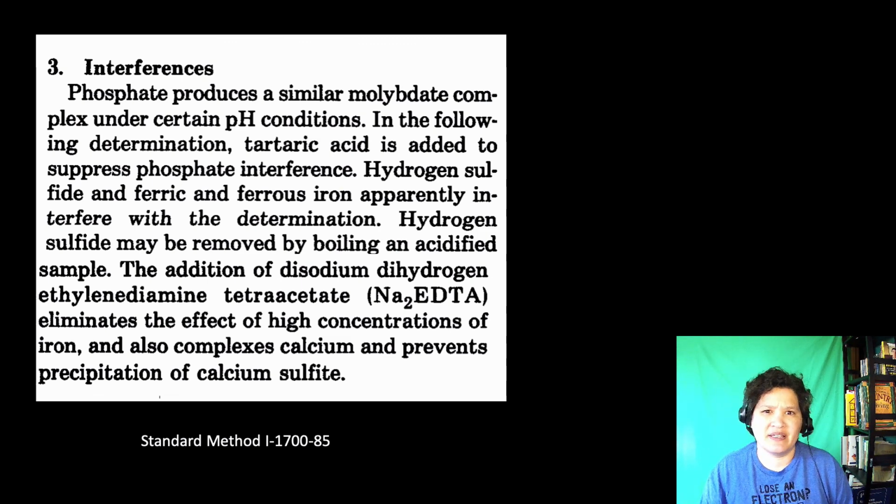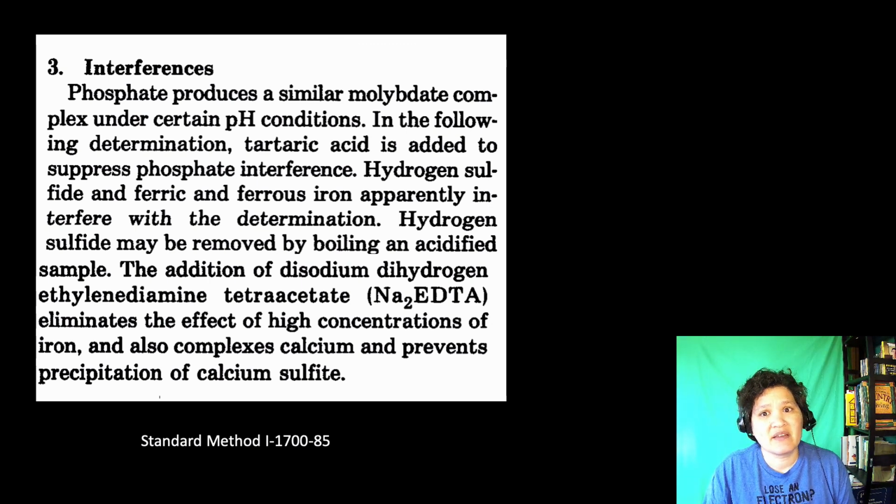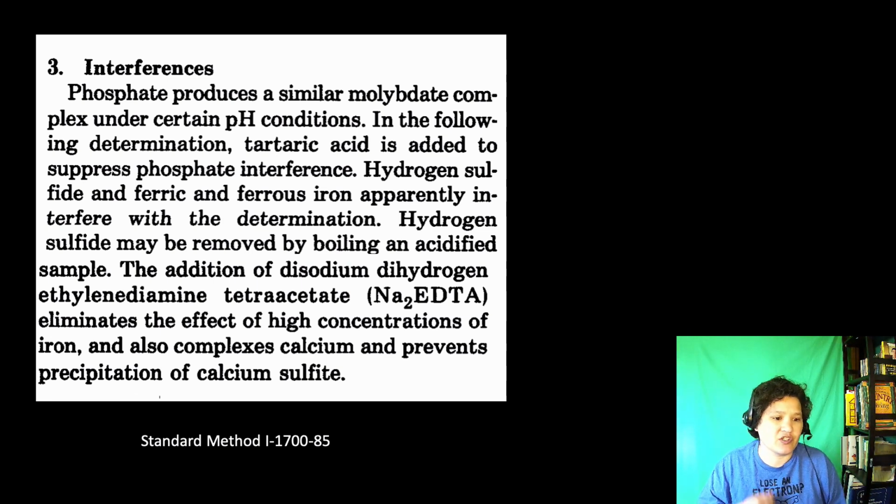Now, is it possible that hydrogen sulfide might be present in such small amounts that you just can't smell it? Or is it possible that your nose is really stuffed up because it's allergy season and you don't smell it? Yes, that's a limitation of this method, that if there's hydrogen sulfide and you don't do something with it, then it may affect your final concentration and you may not even know it. So you always have to think about limitations like this.